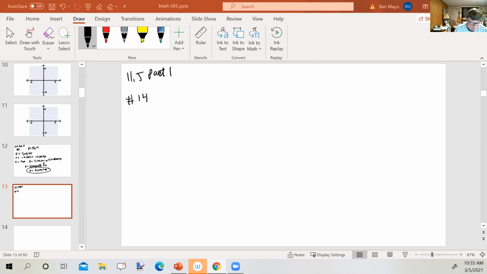It says find A using the formula A equals Pe^(rt), given the following values of P, R, and T. P is 15,894.